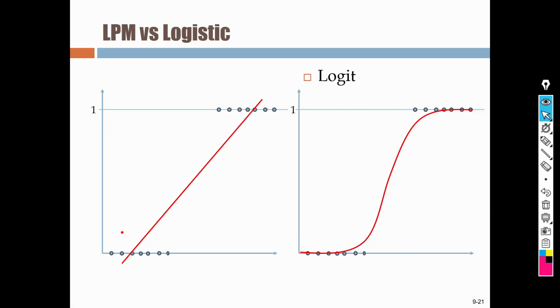Usually in general, this is not our example, but in general, you can have a linear function that can go above 1 or below zero. But in the logistic regression case, you fit a sigmoid function so that any prediction will not go above 1 or below 0.